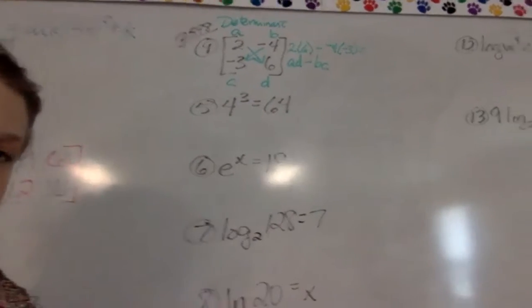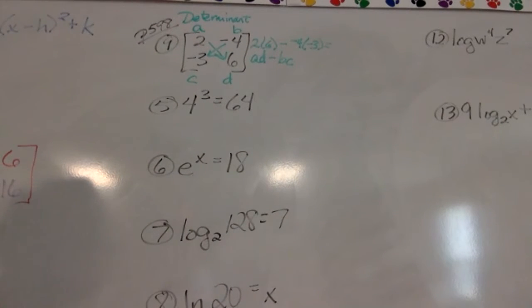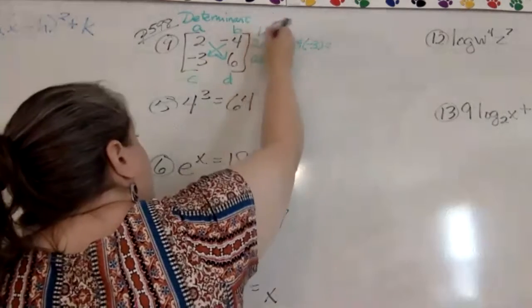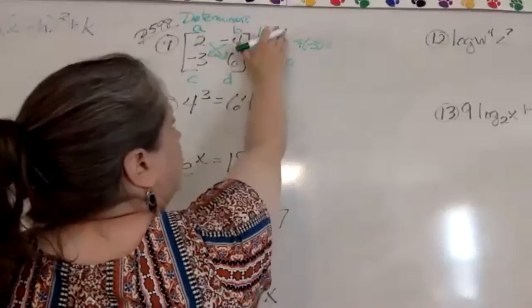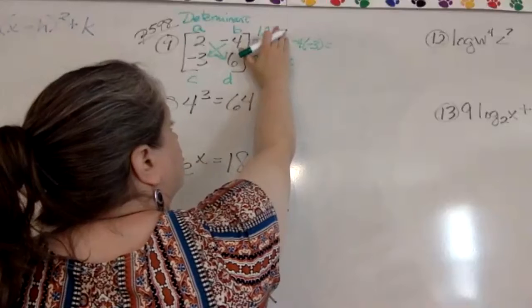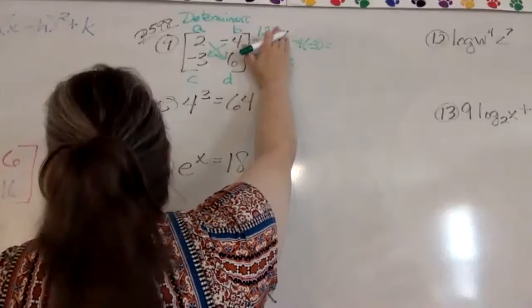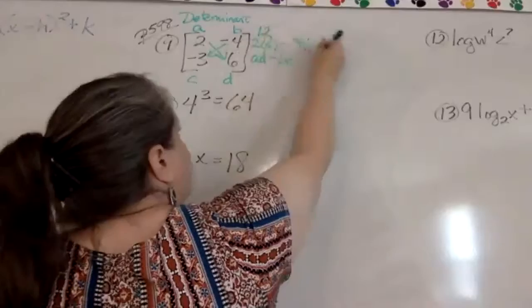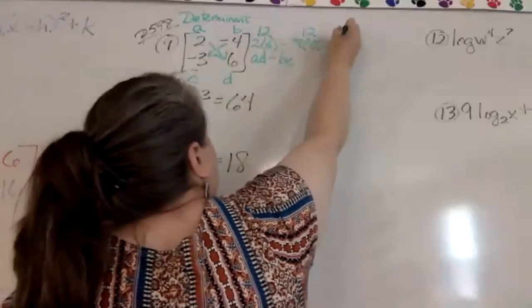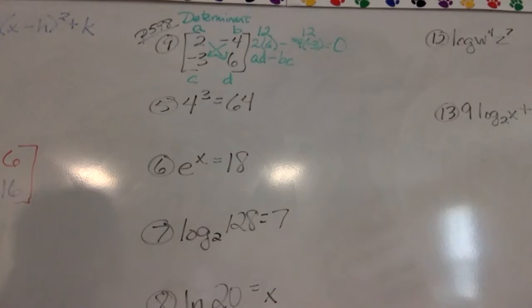That is your determinant. Okay, so what is 2 times 6? 12. What is -4 times -3? What's a negative times a negative? Positive. And then 12 minus 12 is 0.